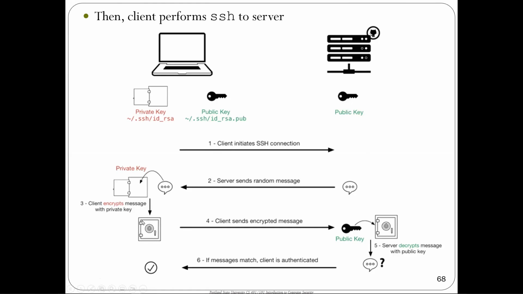Now, again, you didn't sign anything, you encrypted this particular value. And that's what SSH does. So if the public key is readily known, but only the private key can encrypt.